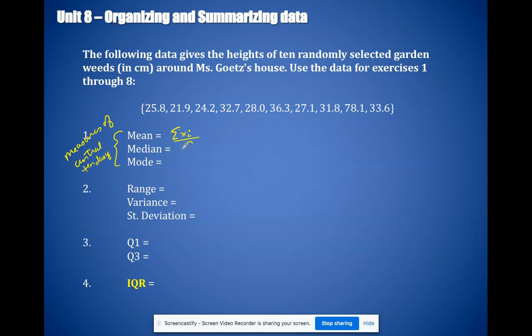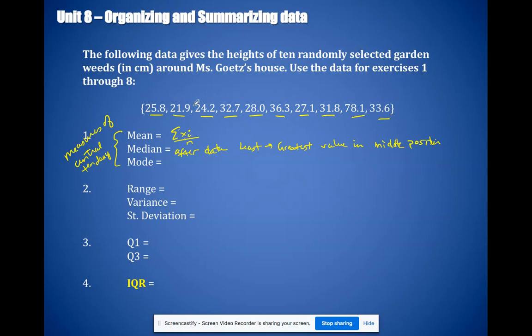The median is, after the data has been organized from least to greatest, the value in literally the middle position. So here I have 10 pieces of data.